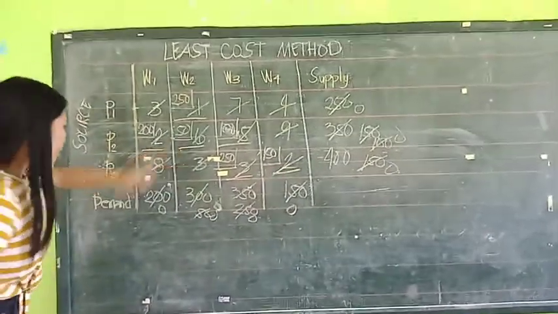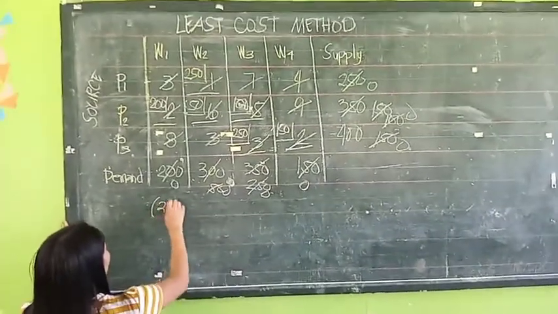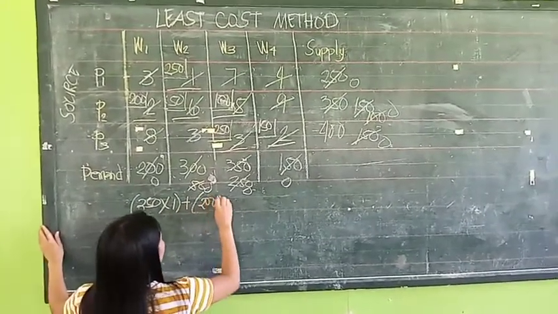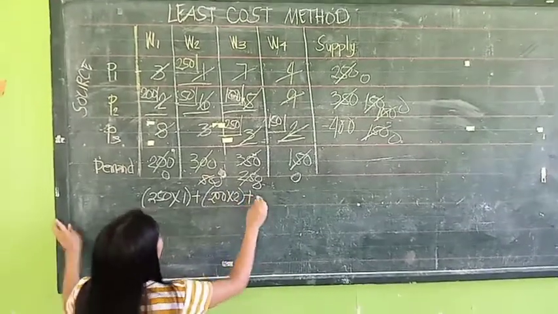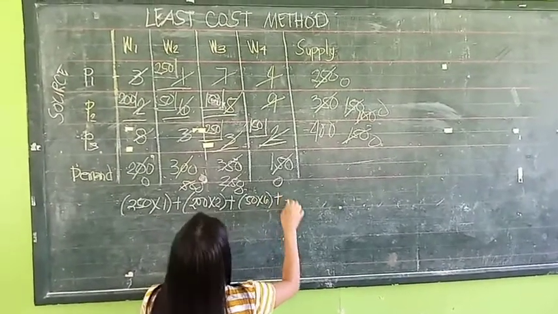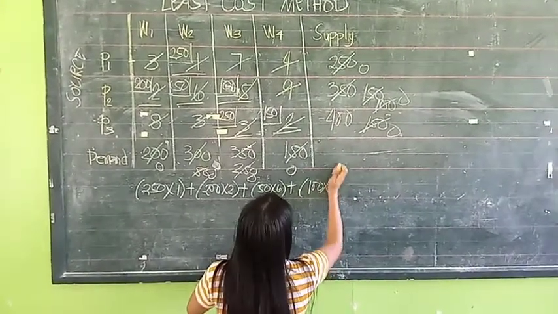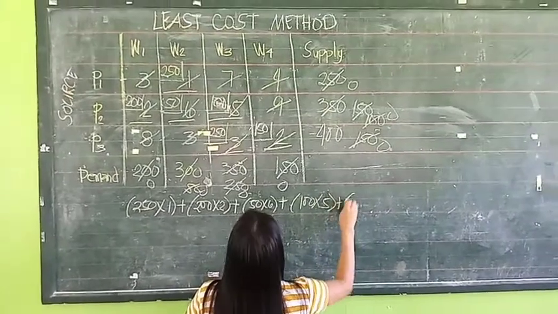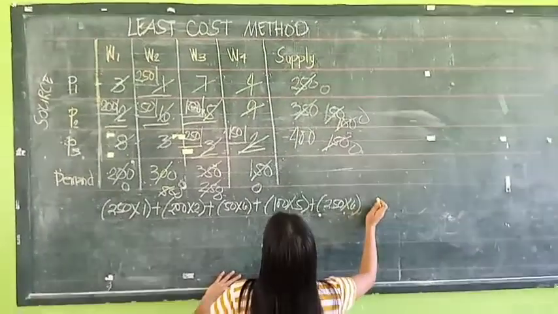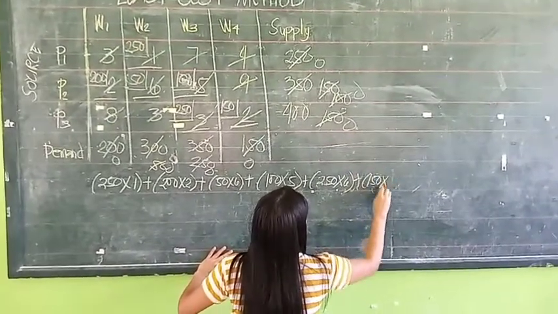So we need to solve all these numbers. 250 by 1 plus 200 by 2 and 50 by 6, 100 by 5, plus 250 by 3, and the last is 150 by 2.